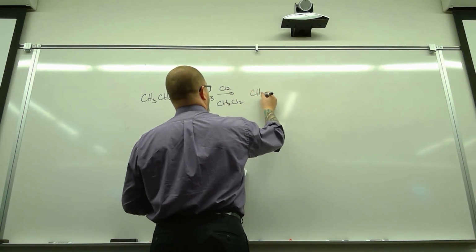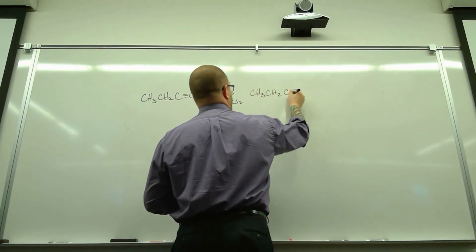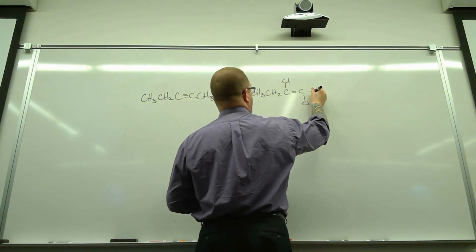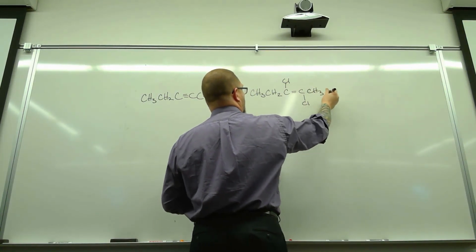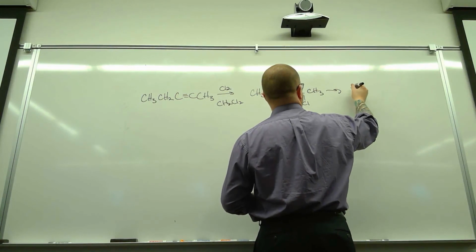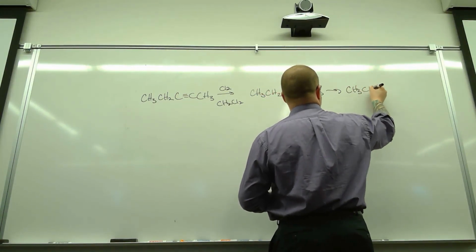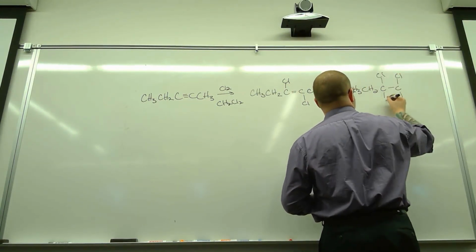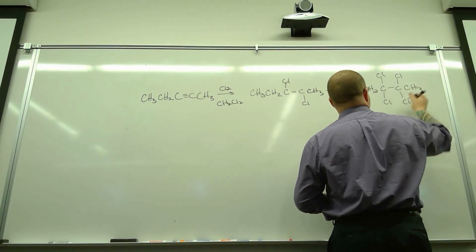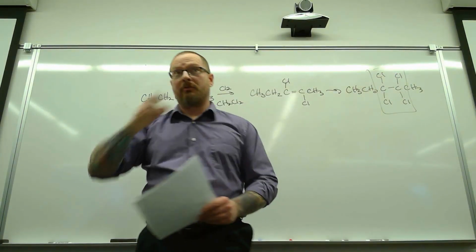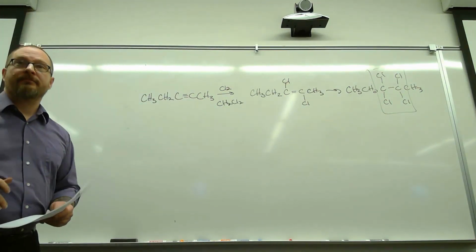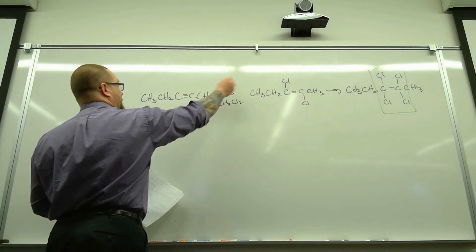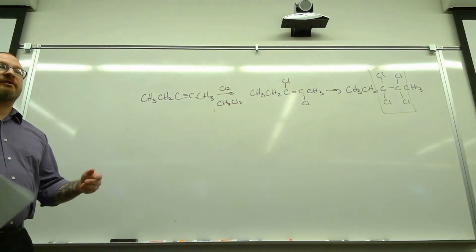We're going to get our first addition, followed by the exact same addition to the opposite sides. We're going to be chlorinating the daylights out of that spot. This does not give you a mixture of products. So if you do the exact same reaction we would do, adding a halogen across a double bond, it's just going to be times 2.